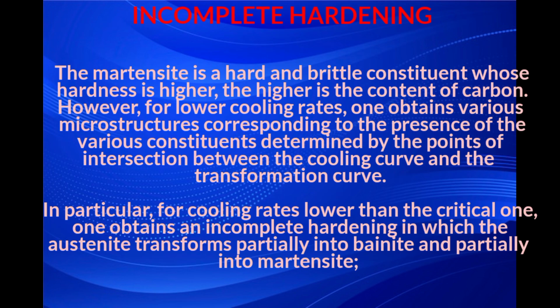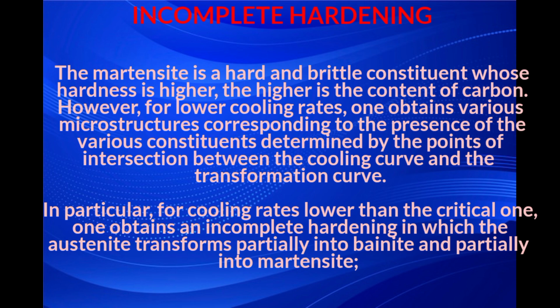So now we will talk about when the process is an incomplete hardening process. Martensite is a hard and brittle constituent whose hardness is higher the higher the content of carbon.